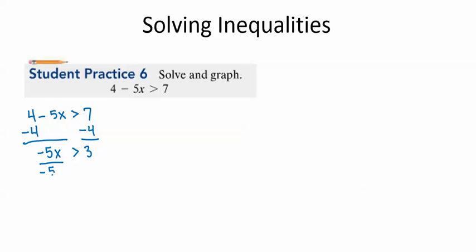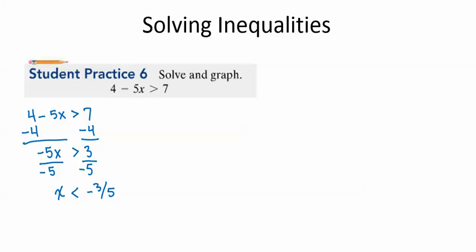Dividing both sides by a negative number, by negative 5, I have to remember to reverse the direction of the inequality. When I do, I end up with x is less than negative 3/5. So what we did here is, in the course of solving our inequality, when we multiply or divide both sides by a negative number, we reverse the direction of the inequality.